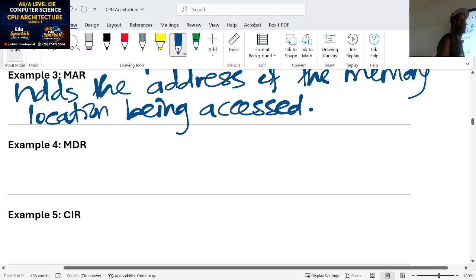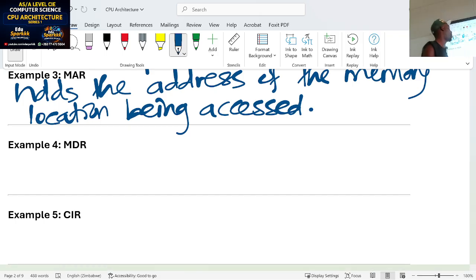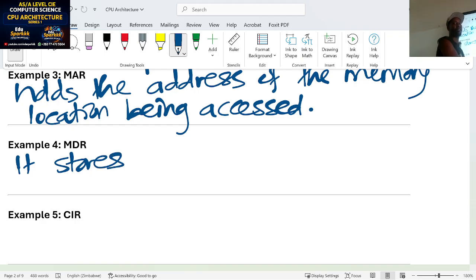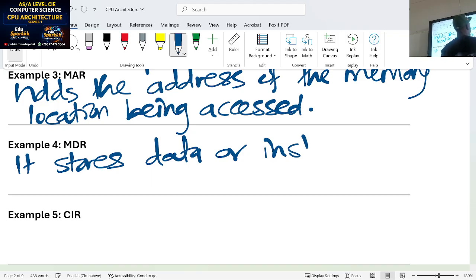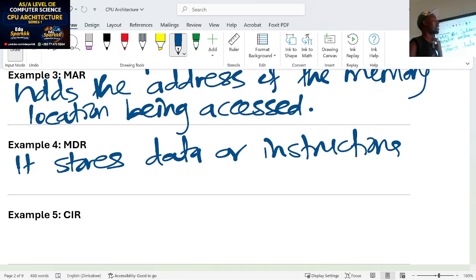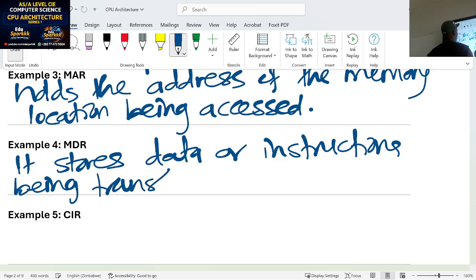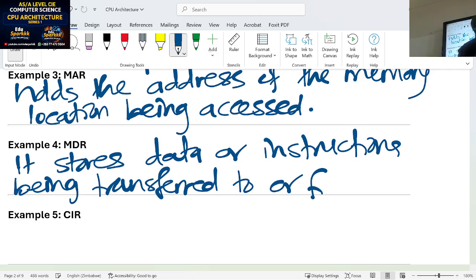When we talk of memory data register, this temporarily stores data or instructions being transferred to or from memory.